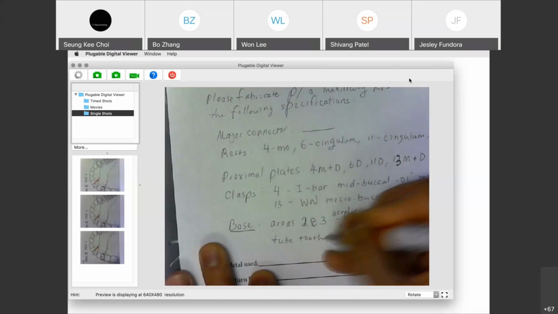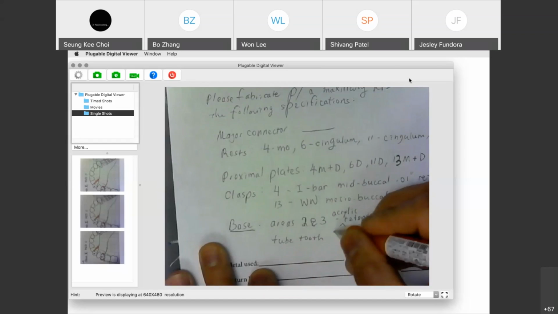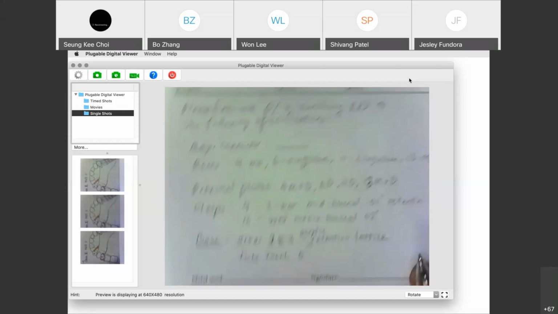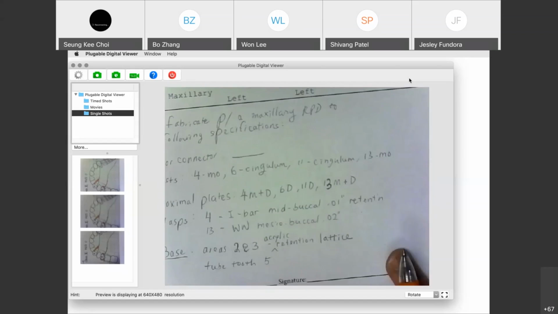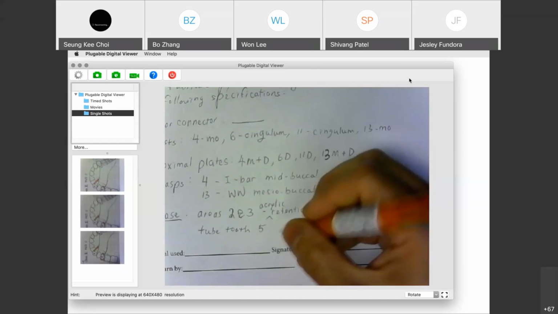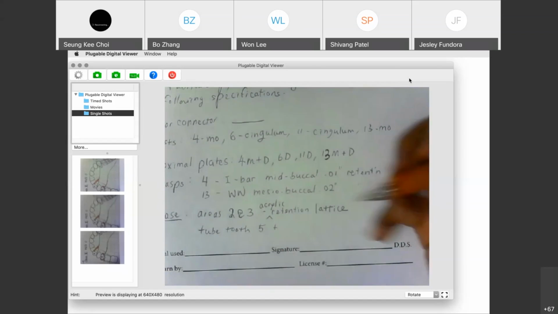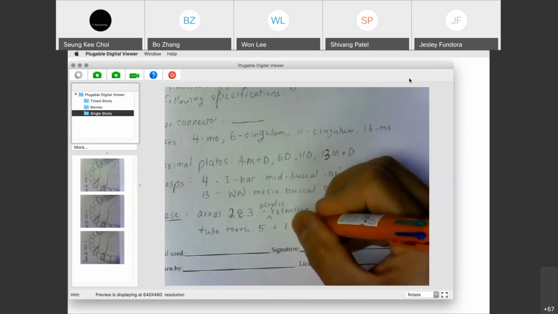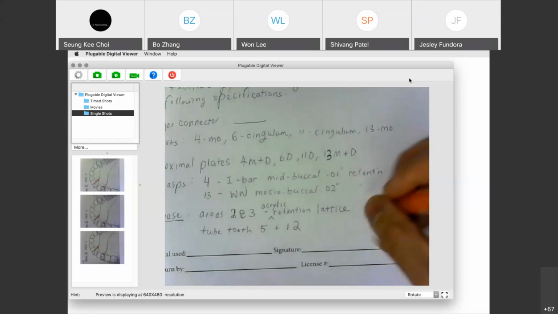tooth on 5. Okay. Now, because this is a perfectly symmetrical bilateral design, what you could do is tooth 5 and. Right? And you can also write here 14 and 15 acrylic.